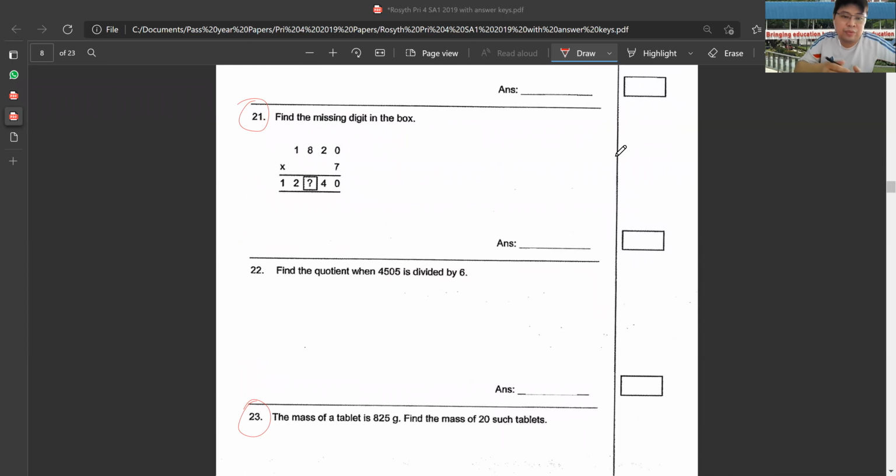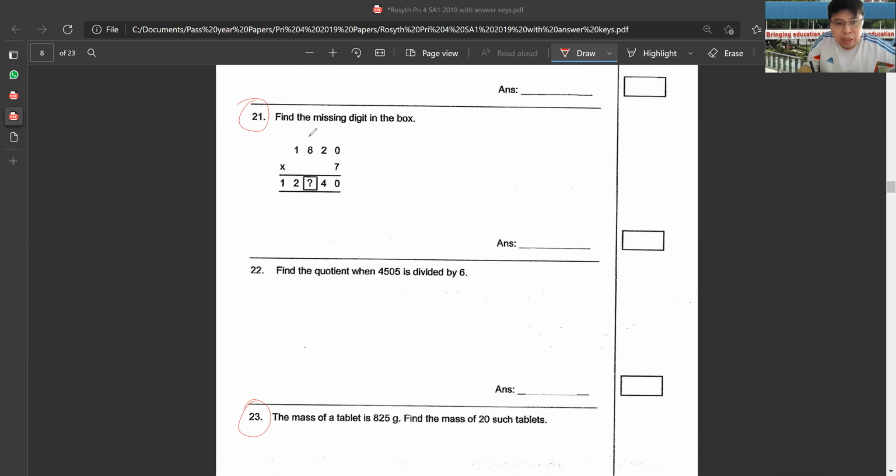Question 21. You just do the multiplication and find this question mark. I put number 8, not number 7. But why is it number 8? 7 times 8 equals 56. 56 plus 1, because 2 times 7 is 14.